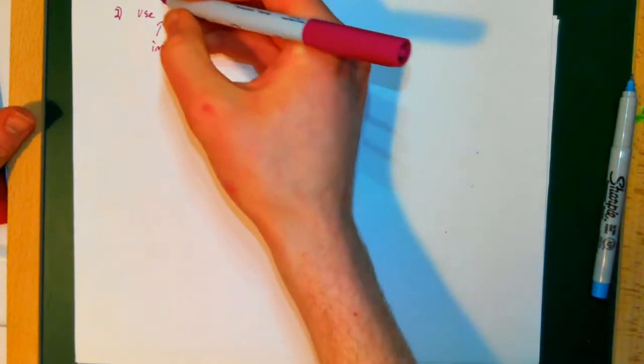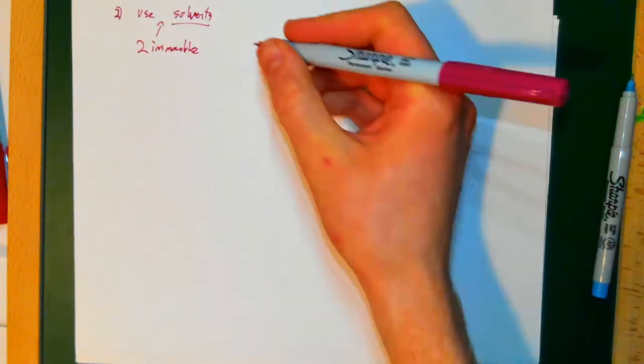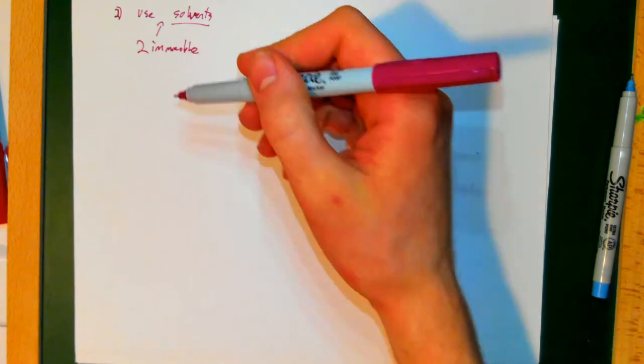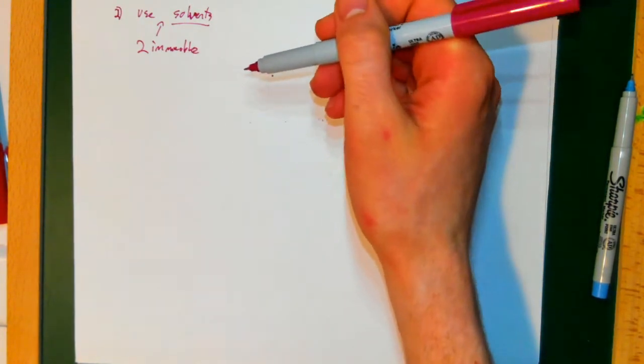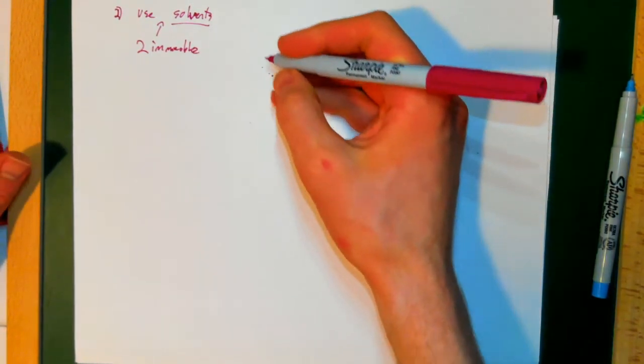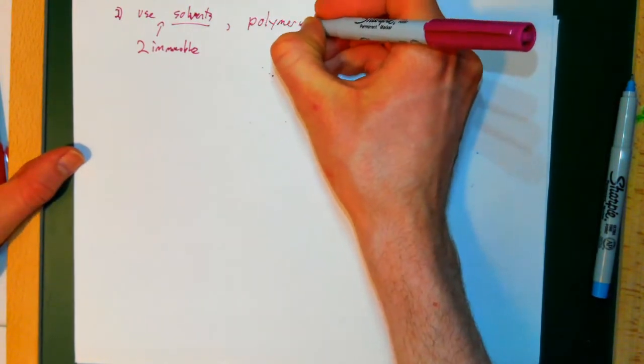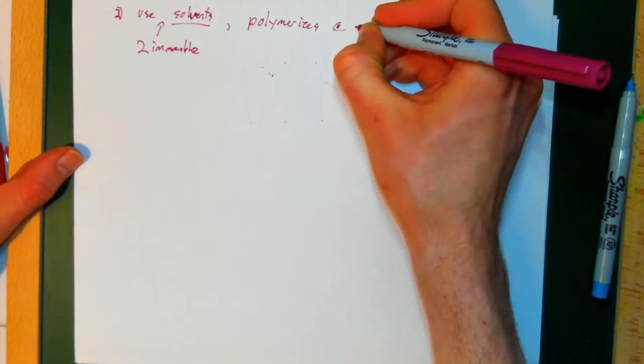Use two immiscible solvents, where one of the reactants is only soluble in one, and the other reactant is only soluble in the other, but it polymerizes at the interface.